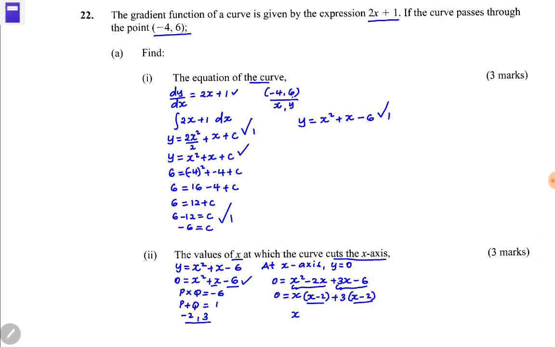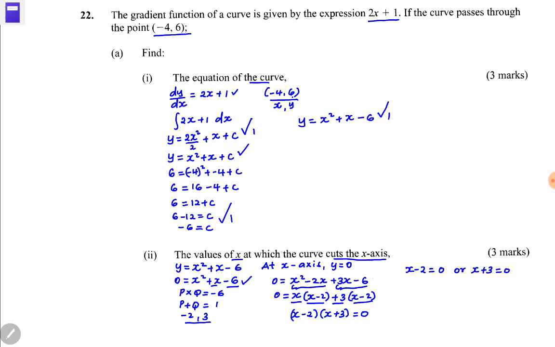So x minus 2 times x plus 3 is equal to 0.